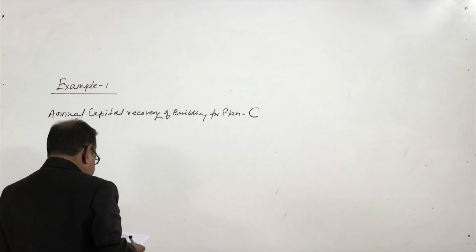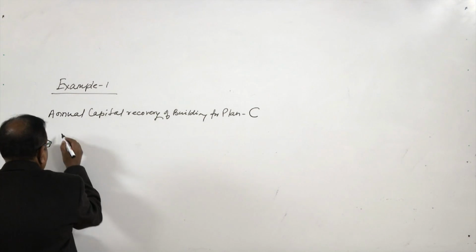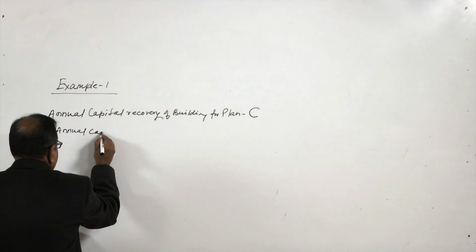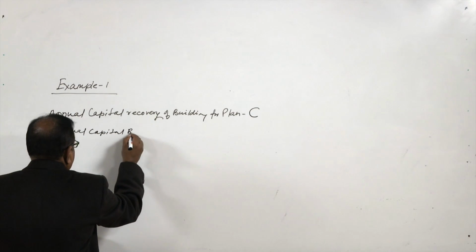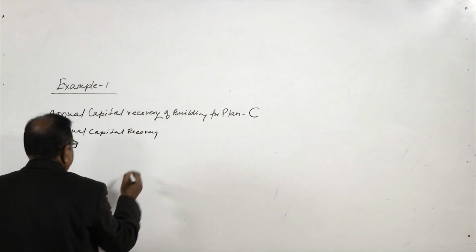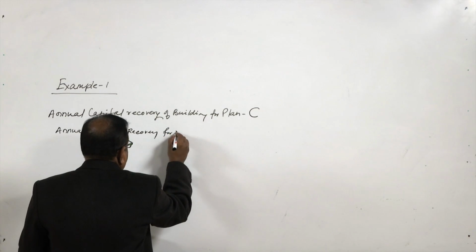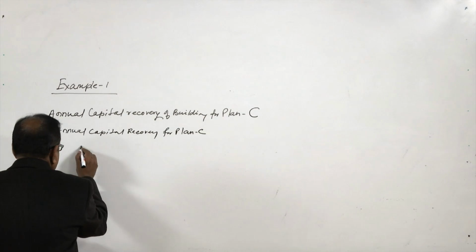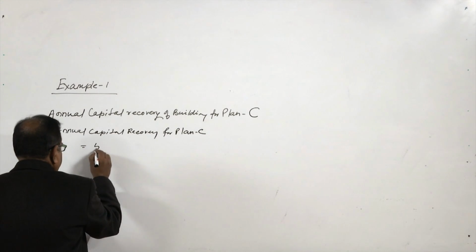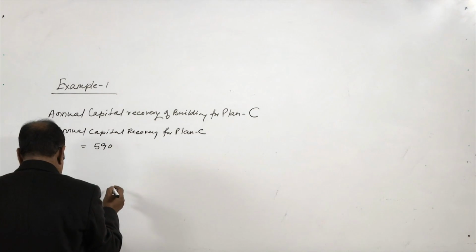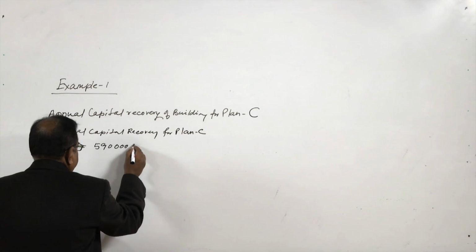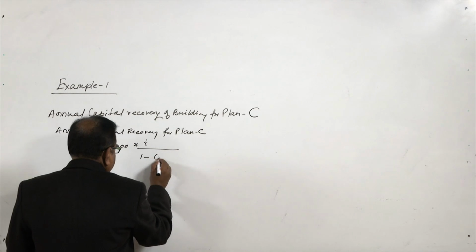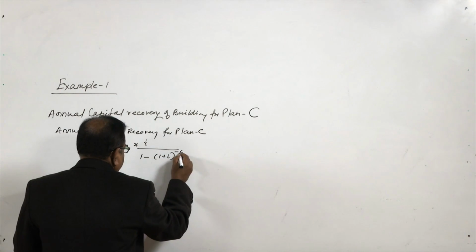Plan C. Now, annual capital recovery for plan C is equal to 590,000 into I divided by 1 minus (1 plus I) to the power minus 60.